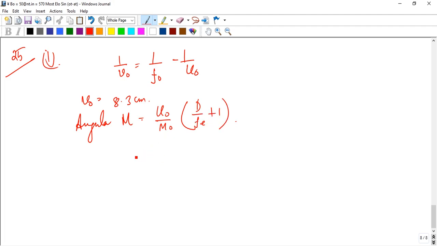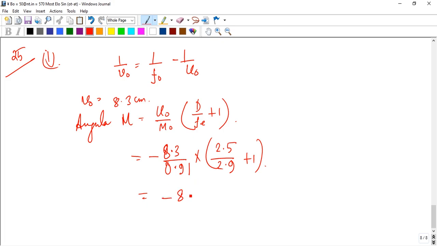That's the formula. So finally we get minus 8.3 by 0.91, all data is given, times 25 by 2.9 plus 1, and you solve this with the help of a calculator. We get minus 87.7. That's the angular magnification.